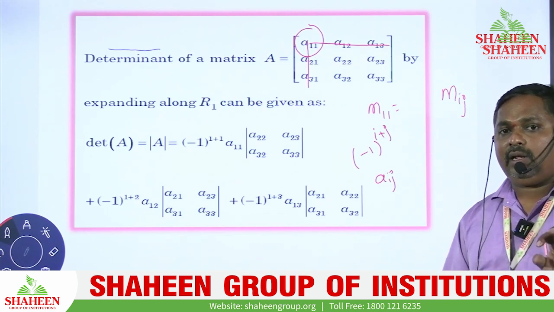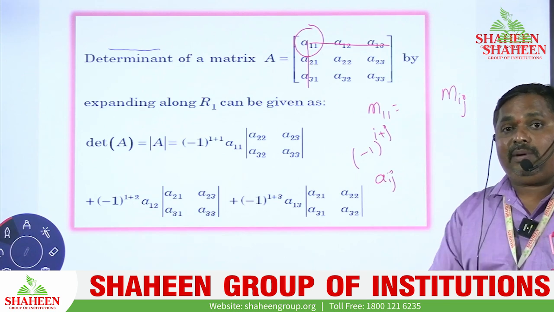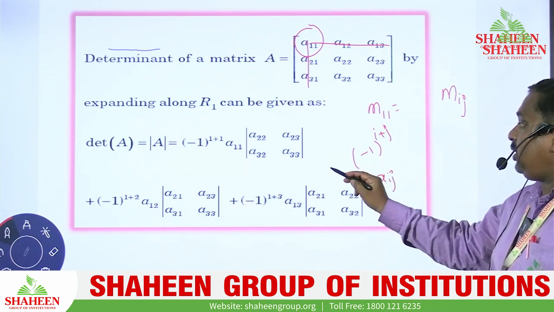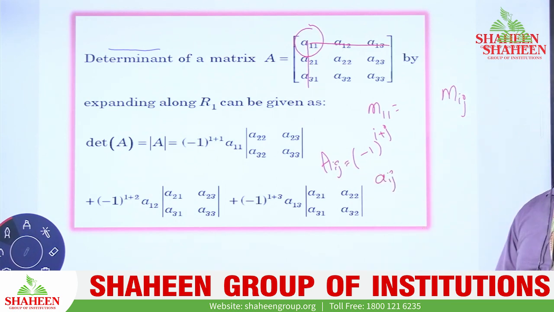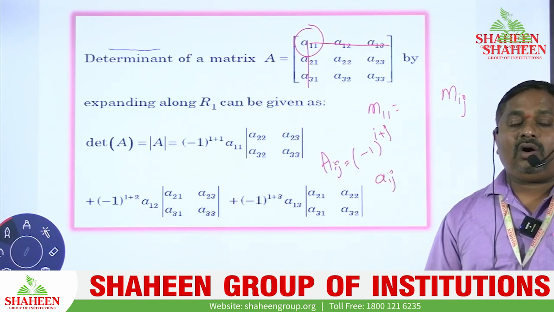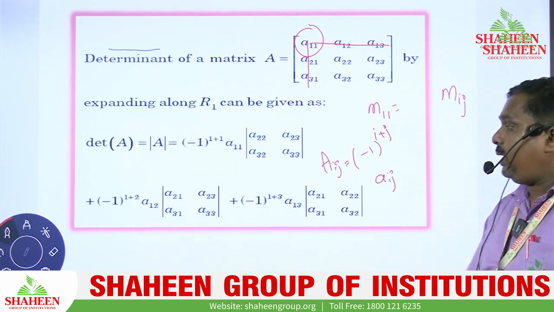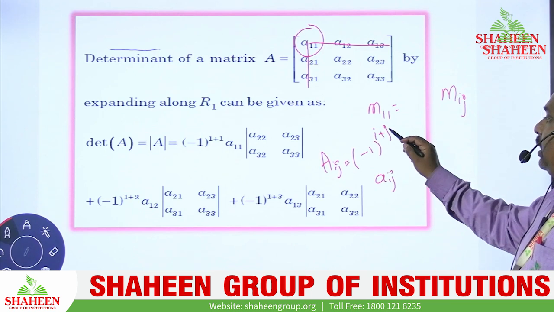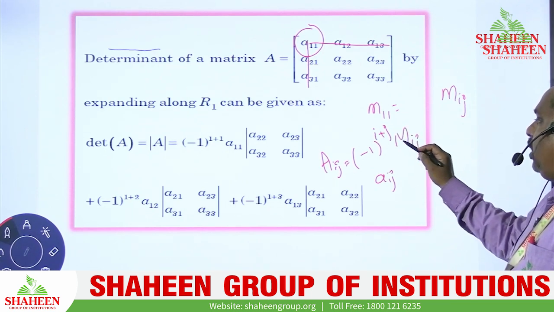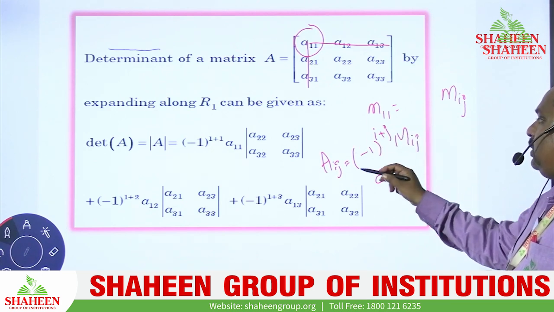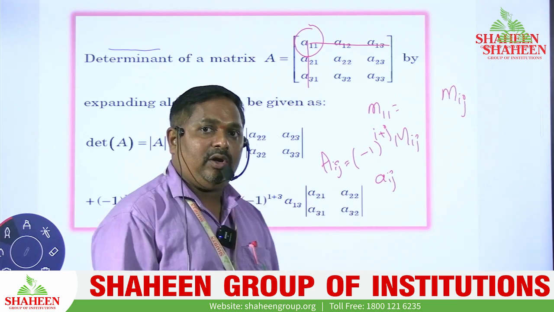What will Mij be? It is the minor of that element. Capital Aij denotes the cofactor of the particular element aij, and it is obtained by multiplying minus 1 power i plus j to the minor Mij. If we multiply Mij by minus 1 power i plus j, then we will get the cofactor of a particular element.